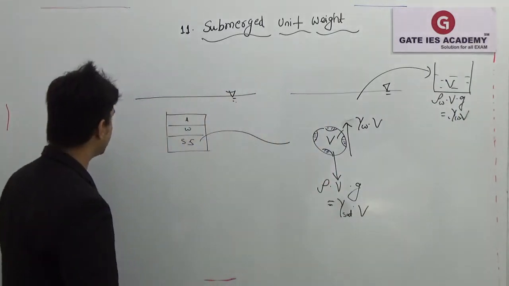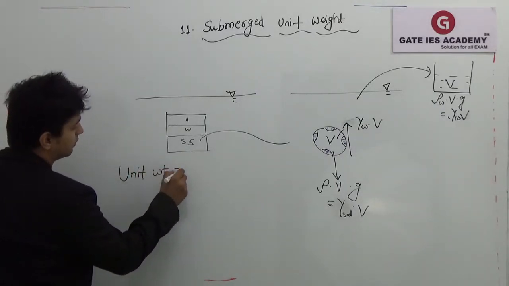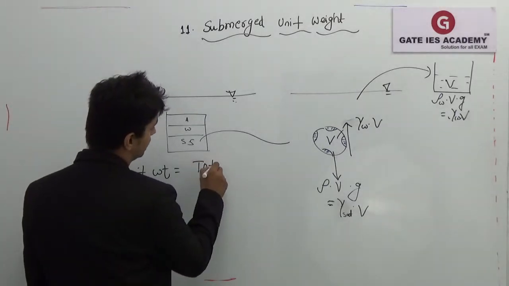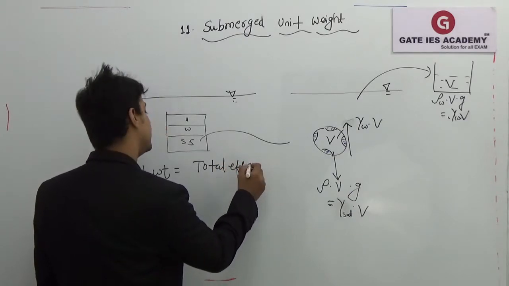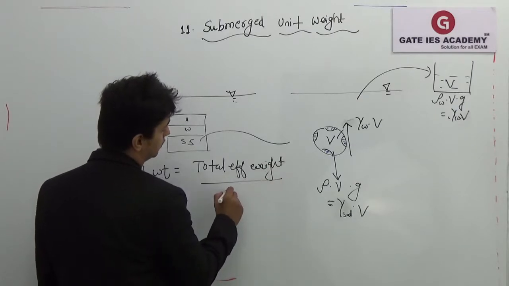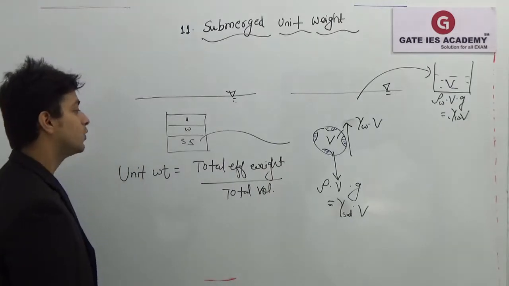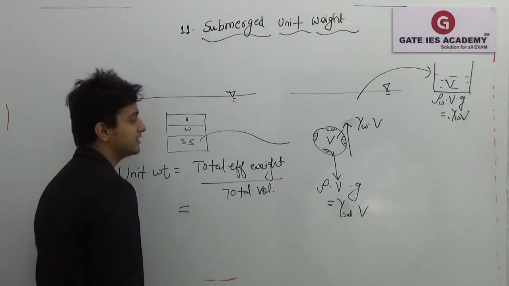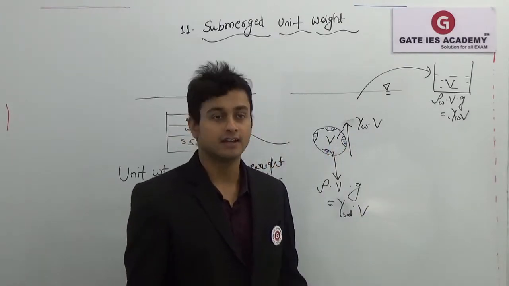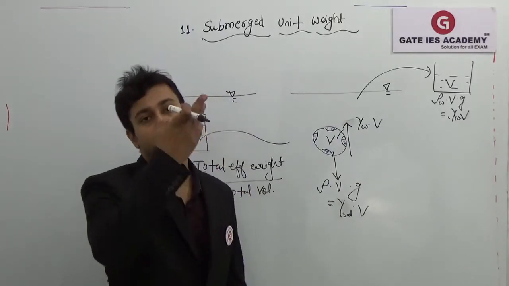So now we very well know that any unit weight is equal to the total effective weight divided by the total volume. Effective weight is the effective downward weight this body is exerting. It is exerting gamma saturated into V downwards, but there is also a buoyant force acting upwards.